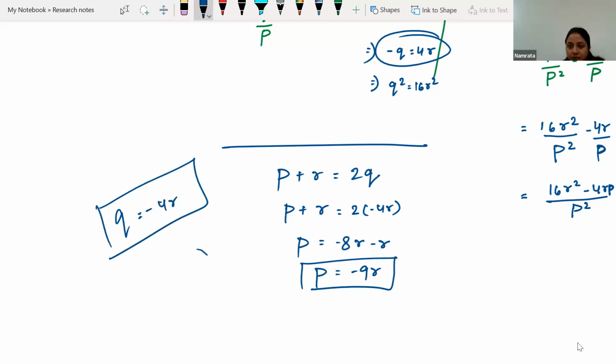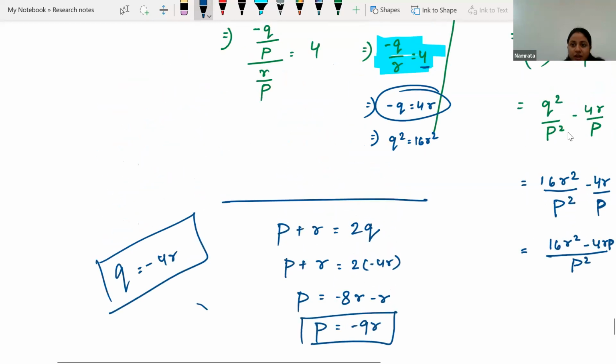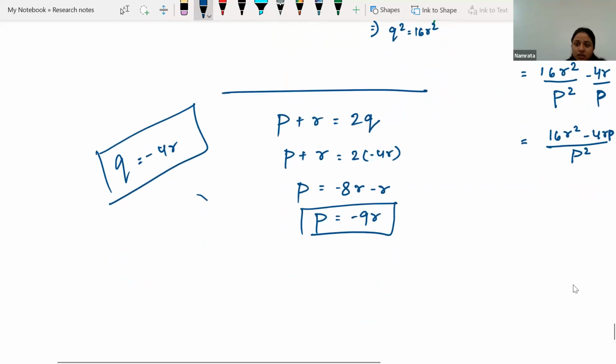Will it help if everything I'll be converting in R? So here in our simplified form, if P is minus 9R and if Q already I have substituted minus 4R, P value again I am putting here minus 9R.